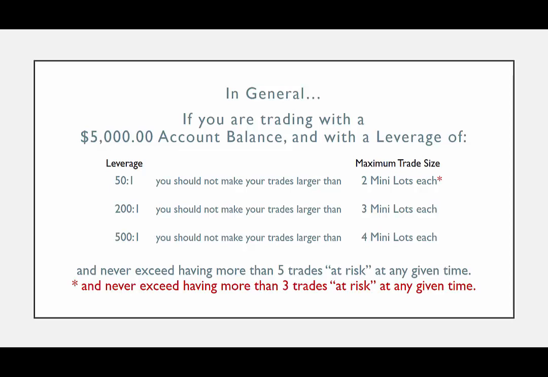If you are trading with a leverage of 200 to 1, you should not make your trades larger than 3 mini lots each, and you should not exceed a maximum of 5 trades at risk at any given time. If you are trading with a leverage of 500 to 1, you should not make your trades larger than 4 mini lots each, and you should not exceed a maximum of 5 trades at risk at any given time.